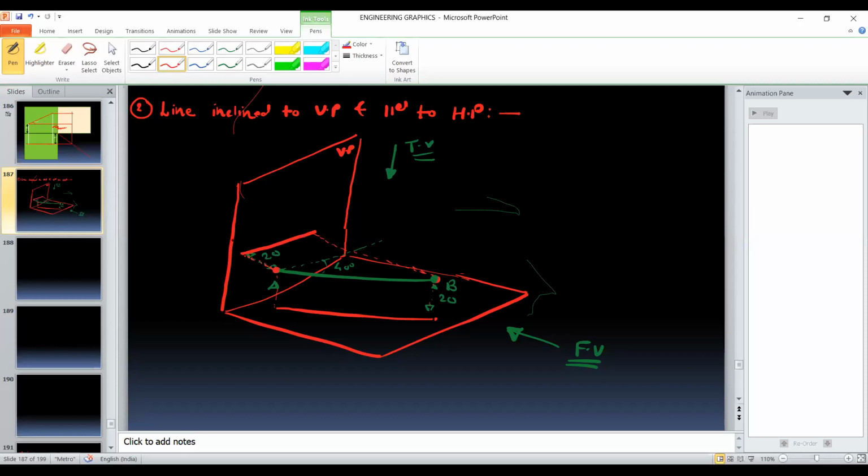So this is A dash and B dash, and this will be A and B, because the top view is represented by the letters A and B, and the front view is represented as A dash and B dash. Now rotate this view, that is, rotate the horizontal plane in the clockwise direction, and try to align it with the vertical plane.